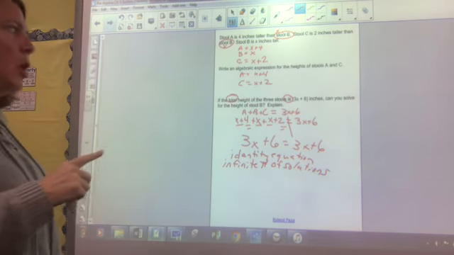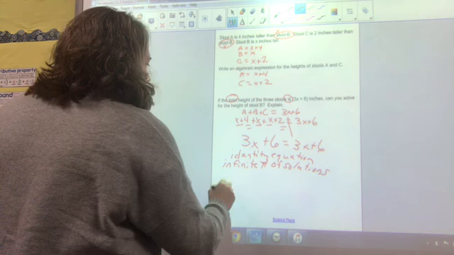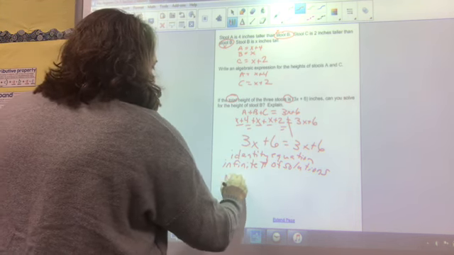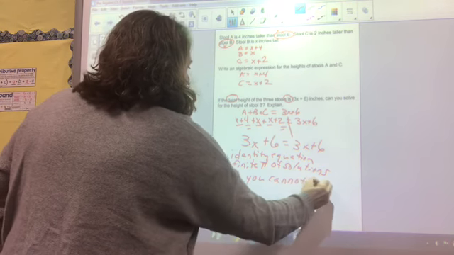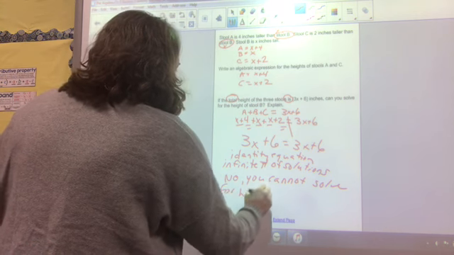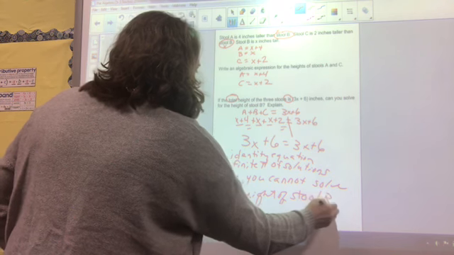So there is no single height of stool B. Any number would work for how big stool B is. So can you solve for height of stool B? No, you cannot solve for height of stool B. Explain.